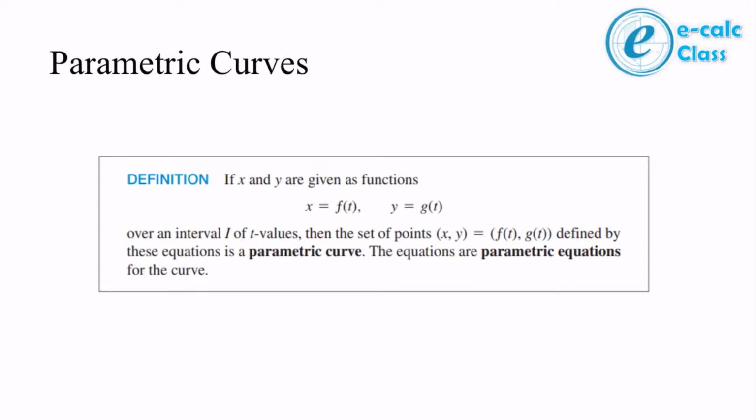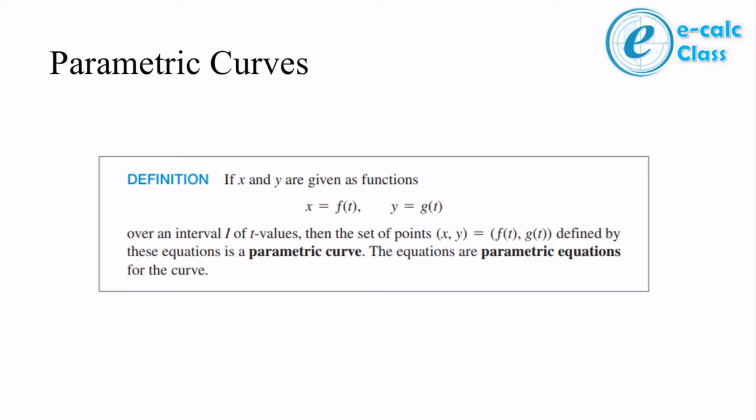So for parametric equations, you have your x and y, and x and y can be defined using the same parameter. In this case, it's t. If you look at this definition here, x equals f of t, y equals g of t.